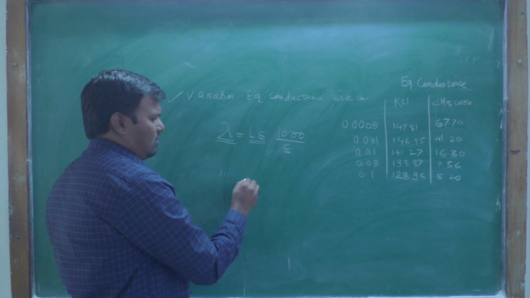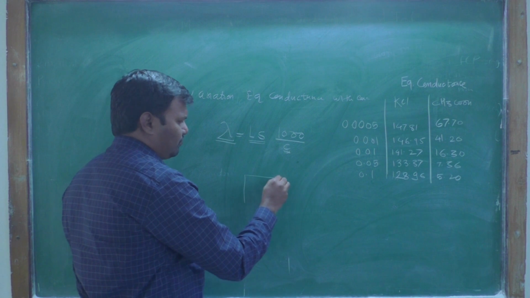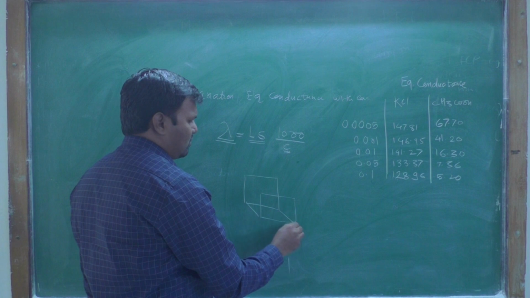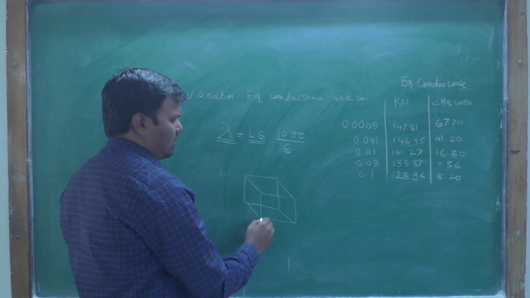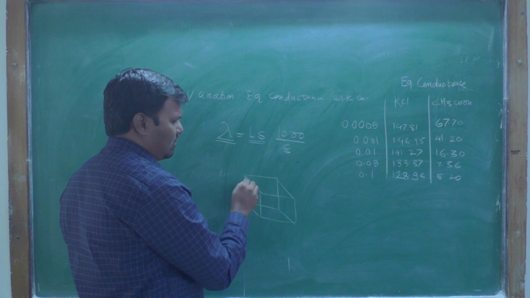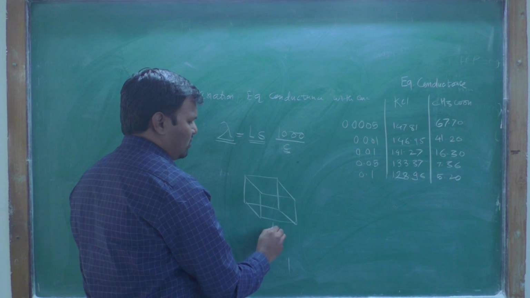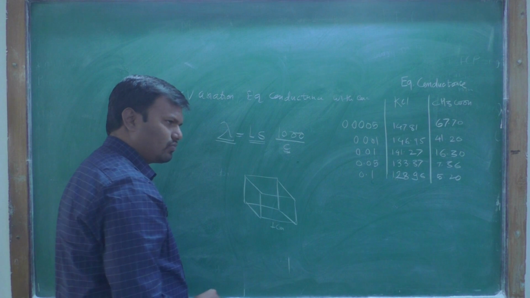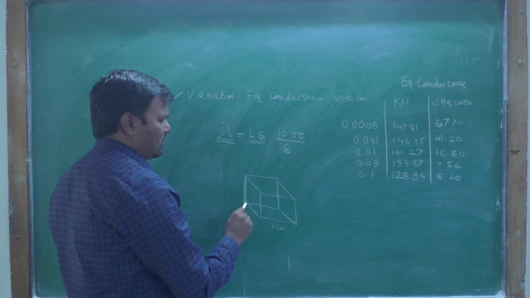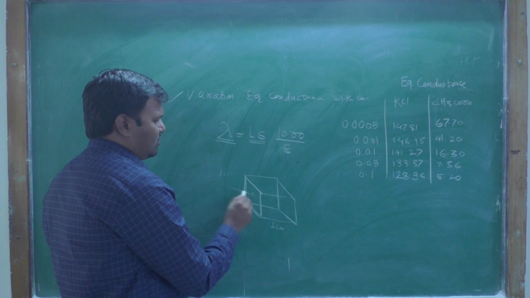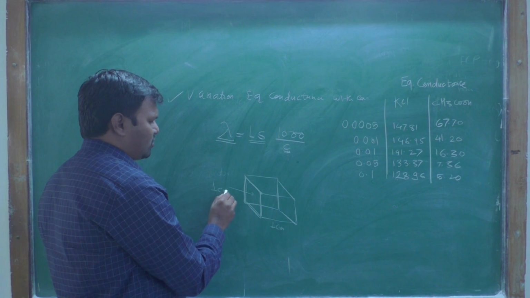The electrolytes are separated, these are your electrodes, and that separation is 1 centimeter, and the cross sectional area is 1 centimeter square.